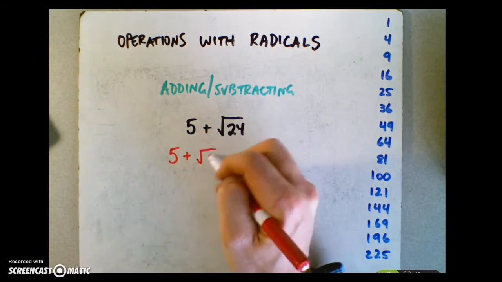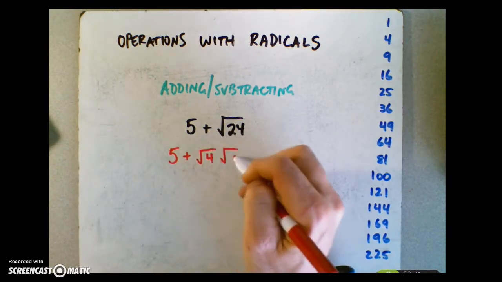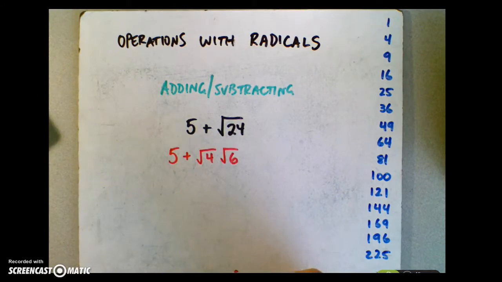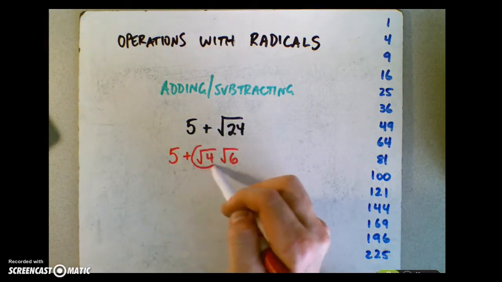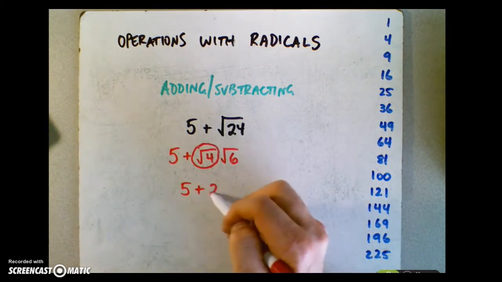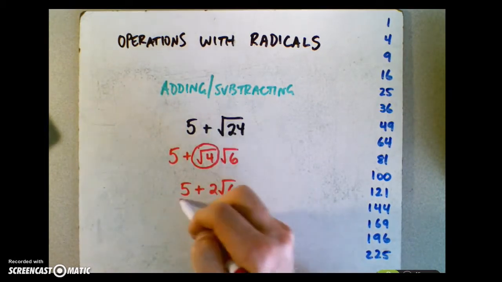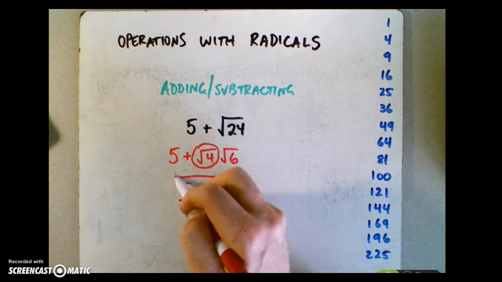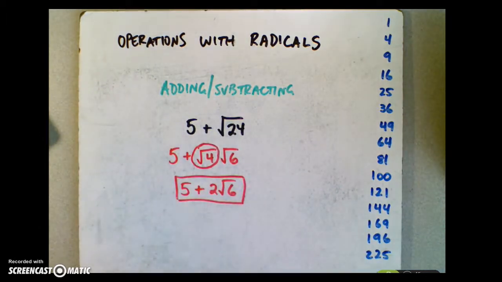So I'm going to write this as radical 4 times radical 6. And then this is a perfect square, so I'm going to take the square root of that. And I got 5 plus 2 radical 6. And that's as far as you can go with that. When it comes to adding and subtracting radicals, that's as far as you're going to go.